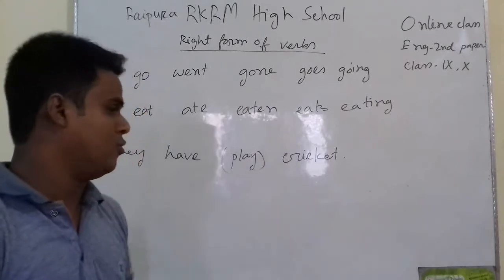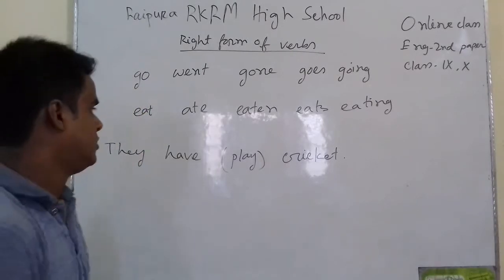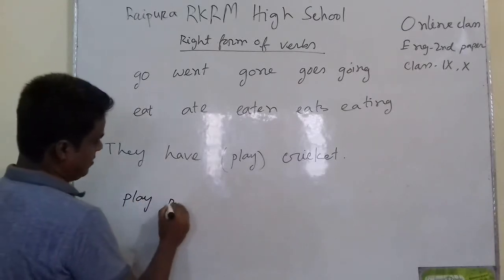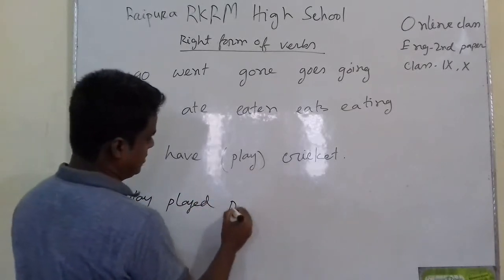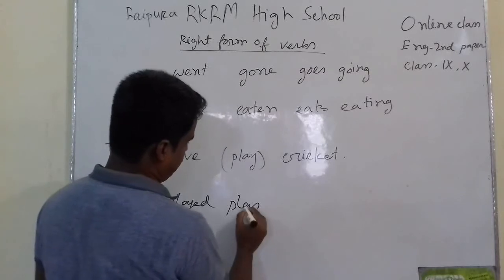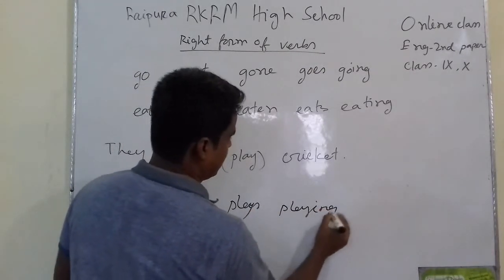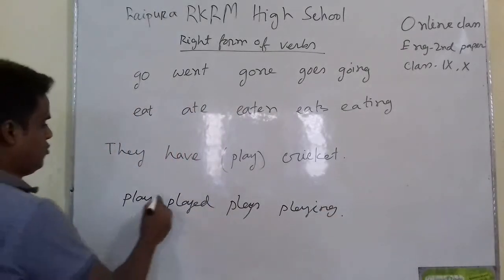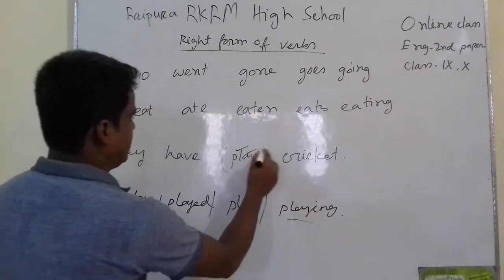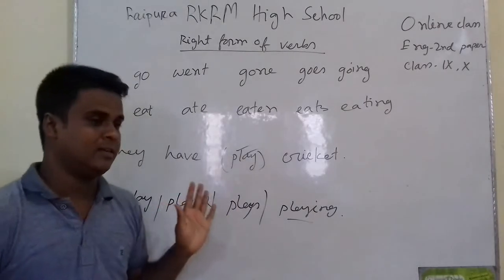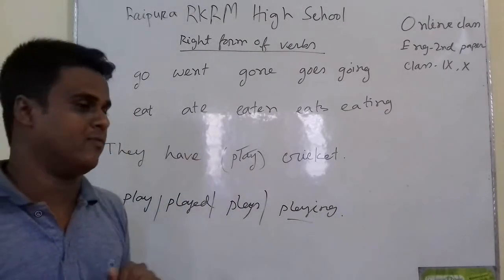So at first we have to know what other forms there are for the word play. Like we can write play, played, plays, playing. So which word will be correct here? That is the rule of right form of verb.